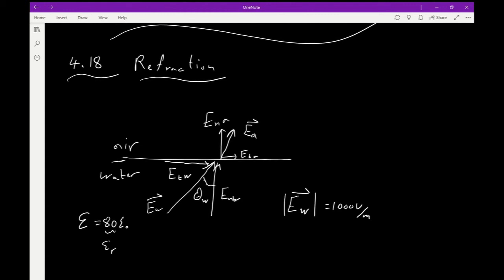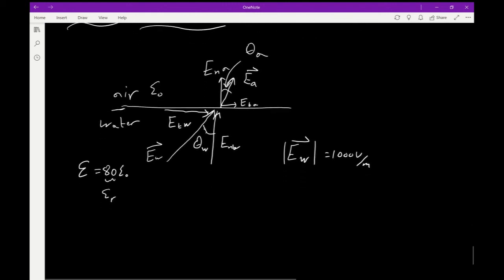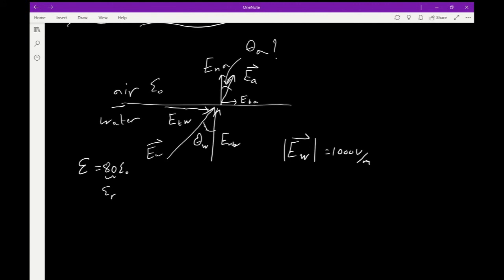Right? And then this is theta A. Air has a permittivity of epsilon naught, and water has a permittivity of 80 epsilon naught. So now the question is, what is theta A? Given that we know the magnitude of the field in water, and we know theta W. The problem states that theta W is 30 degrees.